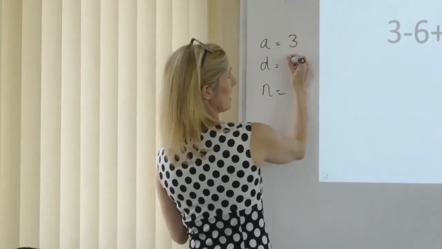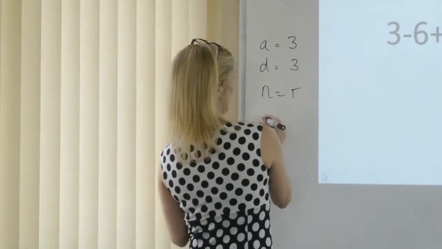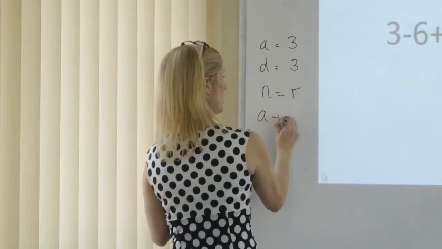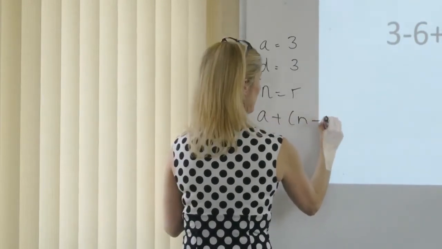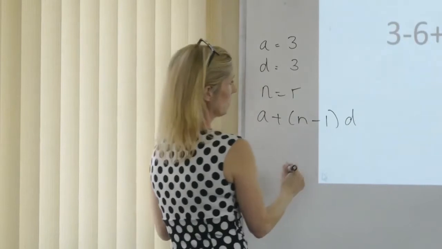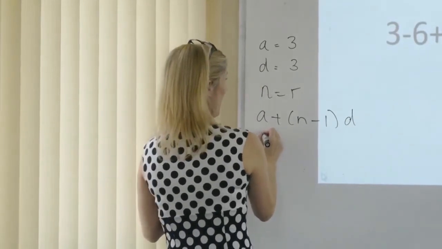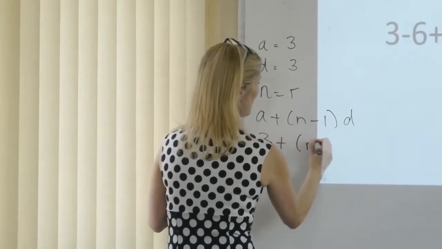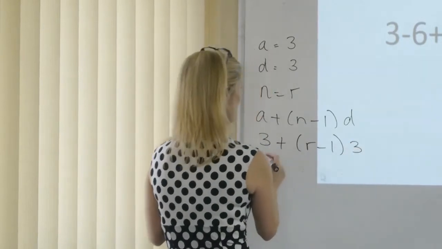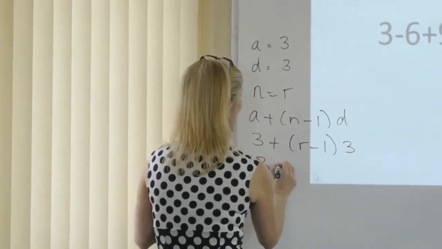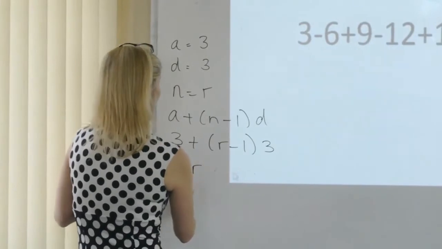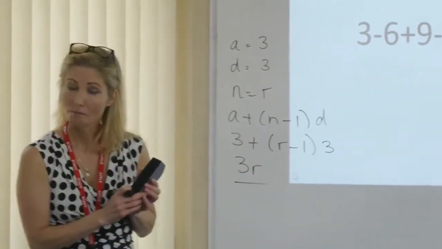So A is 3, D is 3. If we put that into the nth term, then you get 3 plus r minus 1 times 3. So 3r is all that remains, 3r.